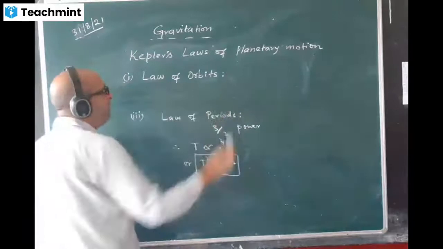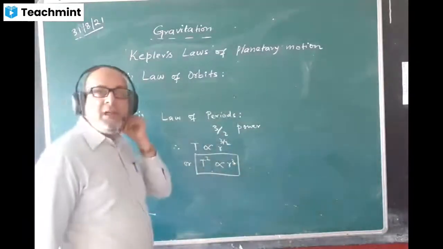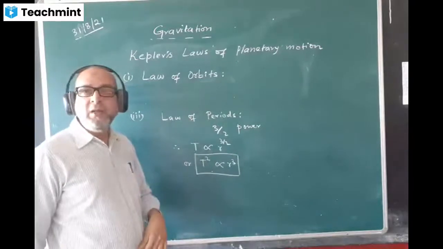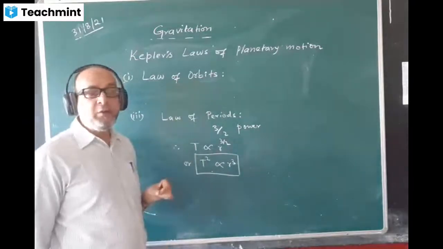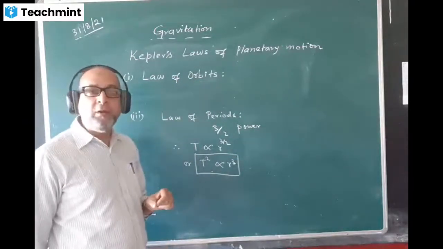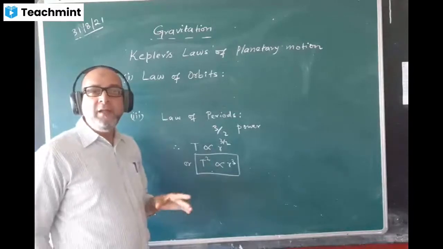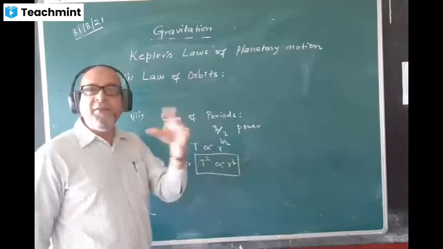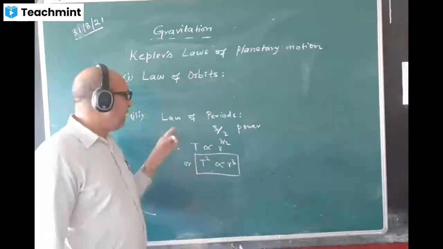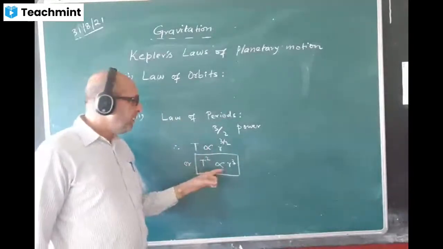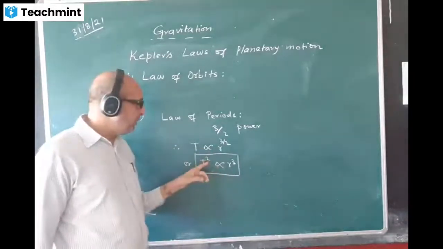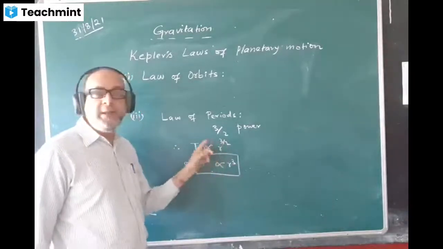There are three laws. The first law talks about the shape of the orbit. The second law says the line joining the planets to the sun sweeps out equal area in equal time. That is the reason there is no collision between the planets; each planet has a different defined orbit. The third law says the period of revolution around the sun is directly proportional to R to the power of 3/2.